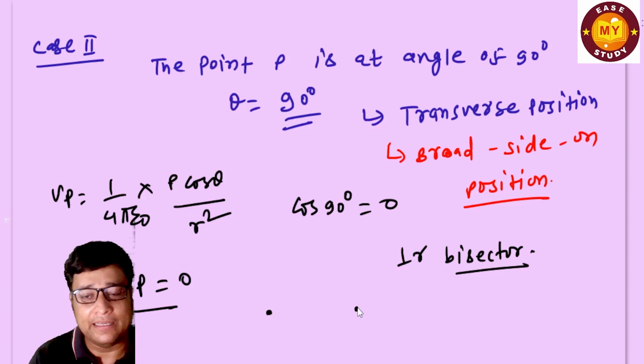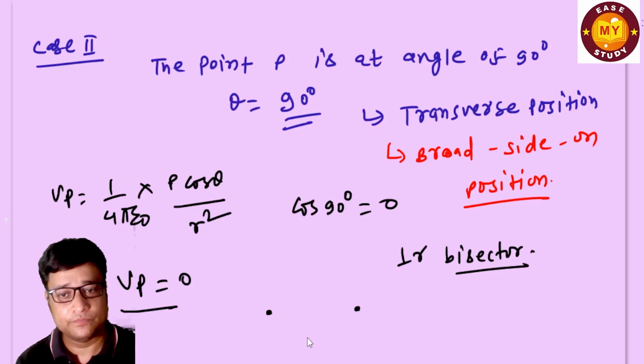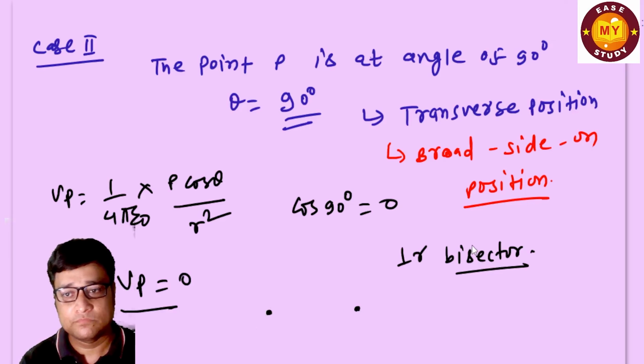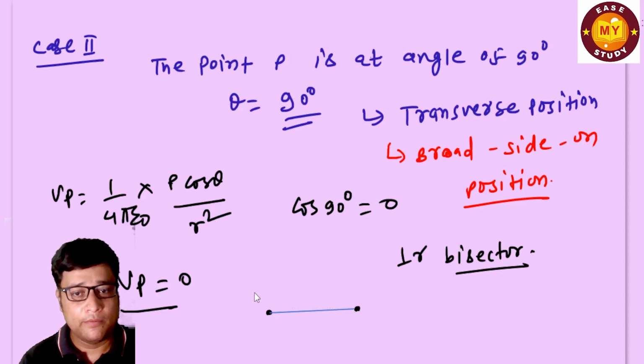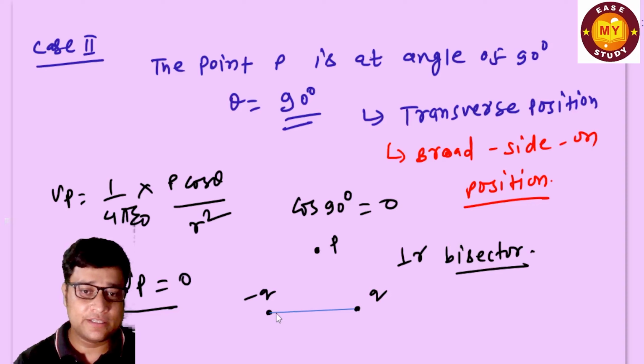For example, in this case, this was my dipole from here to here. Minus Q and then plus Q. This is the point P. This is the minus Q, your point P, and then this is the distance from the plus q.